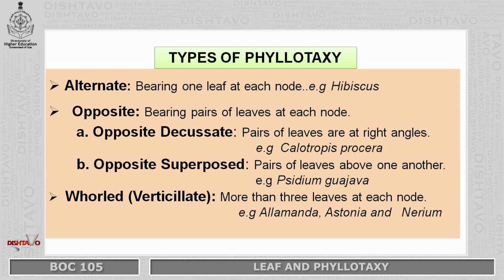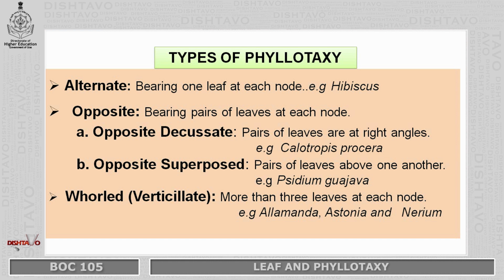And if you see the details, how you can differentiate between each type of phyllotaxy, we can see in the slide here. Here we can see Hibiscus rosa-sinensis is a plant wherein leaves are borne alternately at each node in a spiral manner, in an alternate manner.